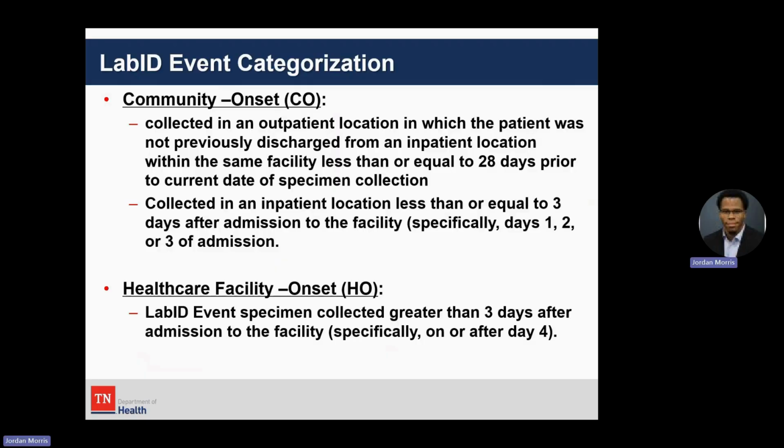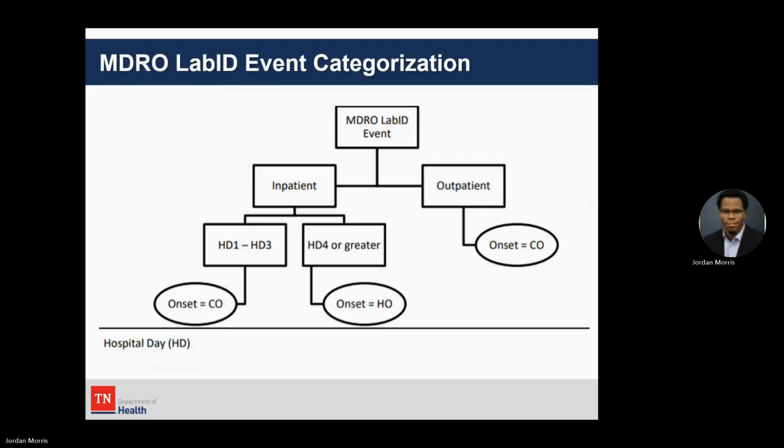A LabID event is considered healthcare facility onset if the specimen was collected more than 3 calendar days after admission to the facility. So on or after day 4. This flowchart shows that if a patient stays in the hospital for 1 to 3 days, it is considered community onset. But if the patient stays 4 or more days, it is considered healthcare facility onset.